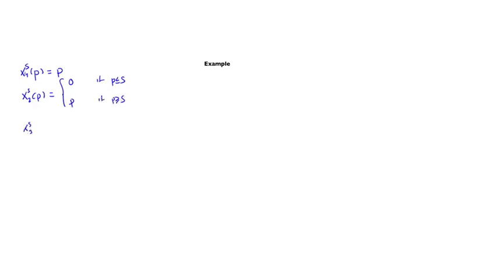And the third firm looks like this: 0 if P is less or equal than 10, and P if P is greater or equal than 10. These are supply functions of the type that you saw repeatedly in Unit 3. The question is, what does the aggregate supply function look like? And we're going to do it here.